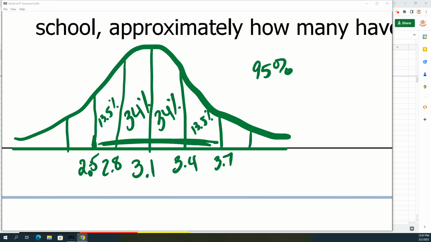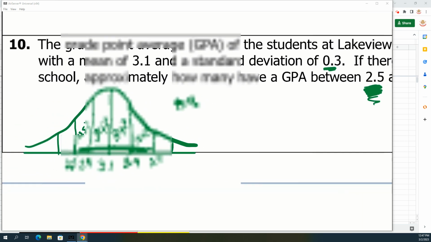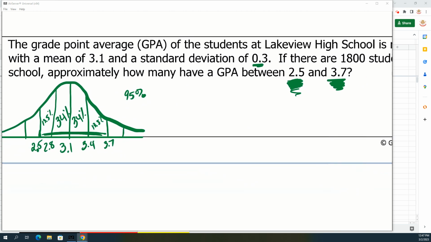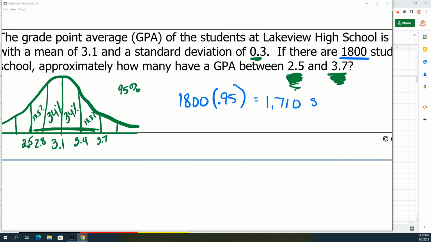Now, we want to know how many, so we take the number of students at this school and multiply that by 95% as a decimal, and that's going to be 1,710 students.